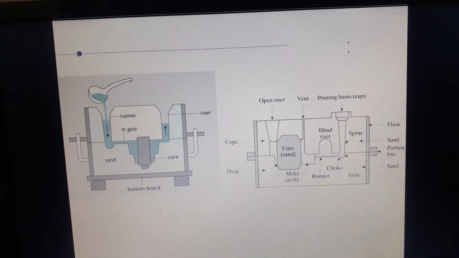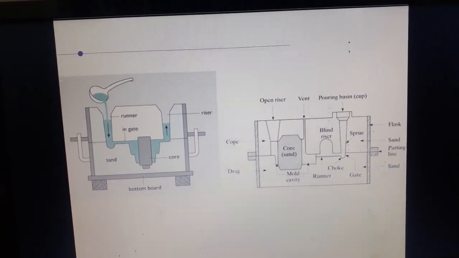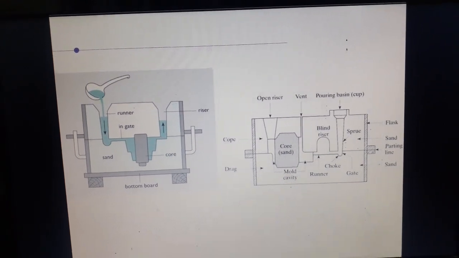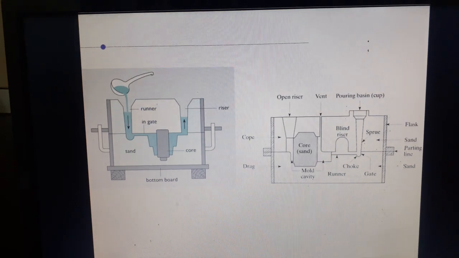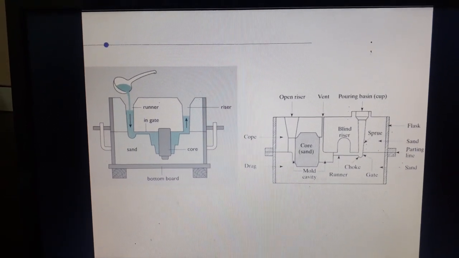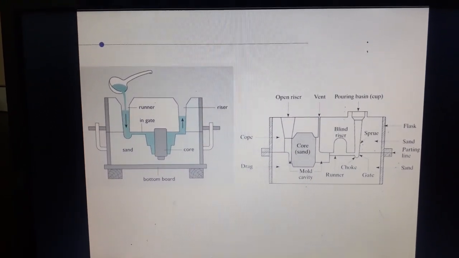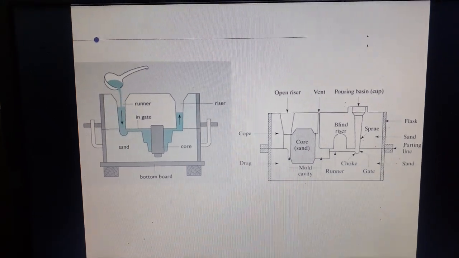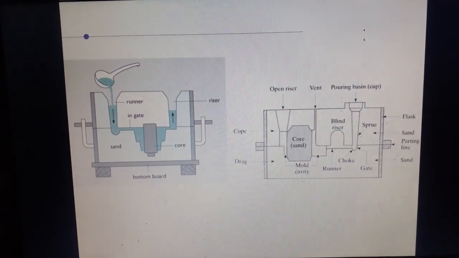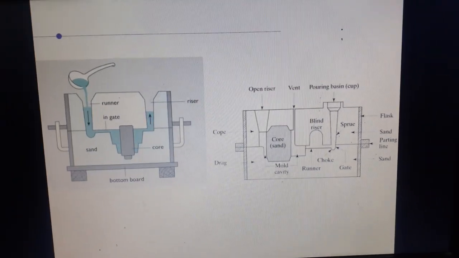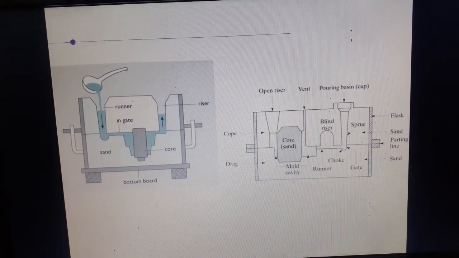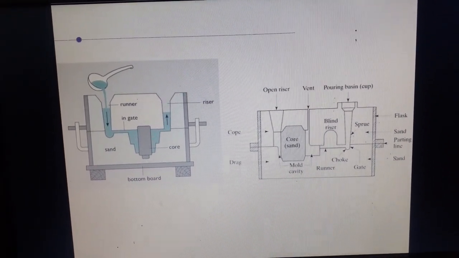We can see the pouring basin where we can pour the molten metal. Then it comes into the mold cavity through the runner and gating system. There is a blind riser also, it is shown, sprue. Then in the middle one we can see the sand parting line.